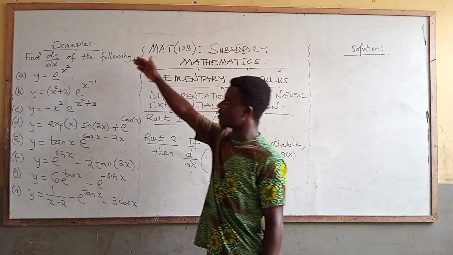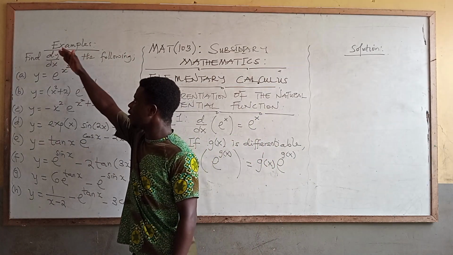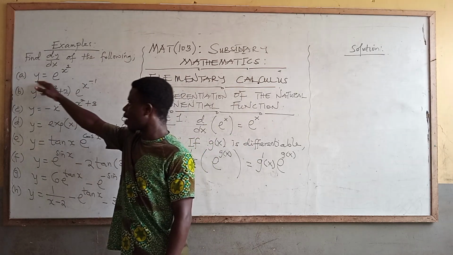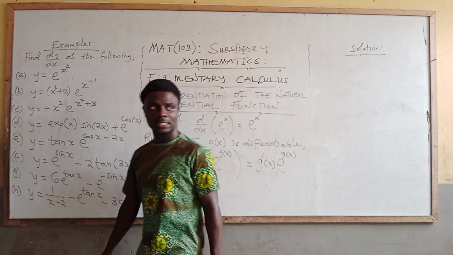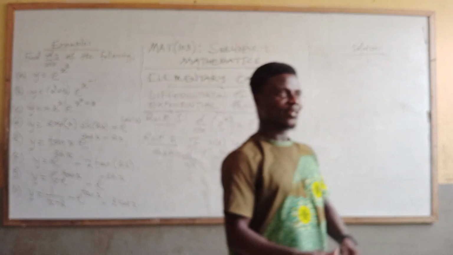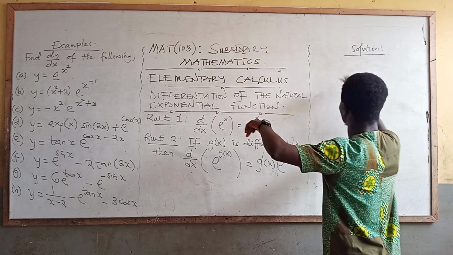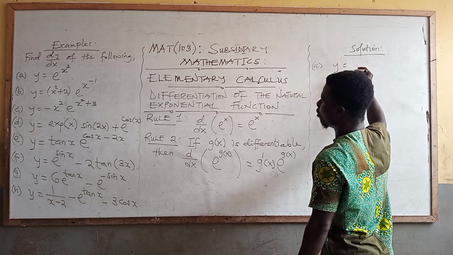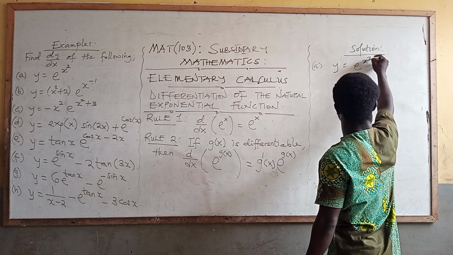So we have examples here. Find dy/dx of the following. A, y equals e to the x squared. So how best can we find dy/dx? We have y equals e to the power x squared.